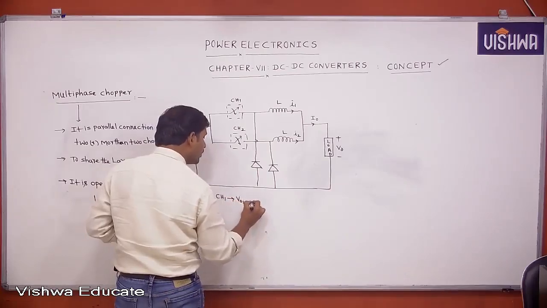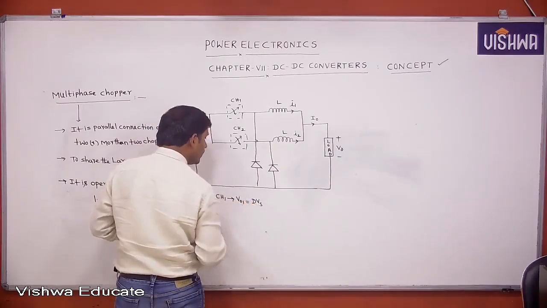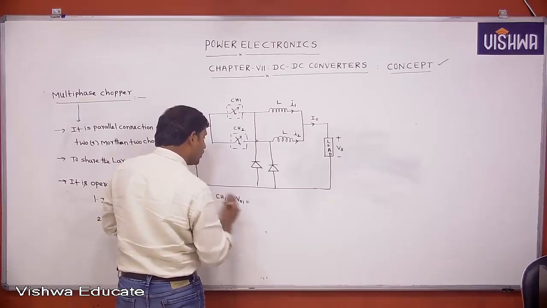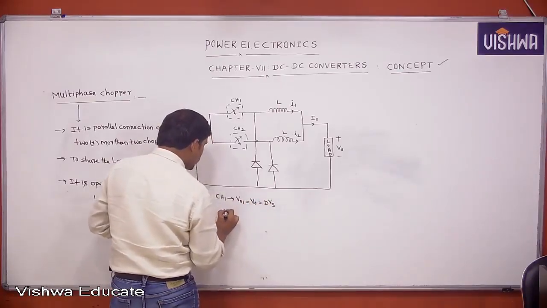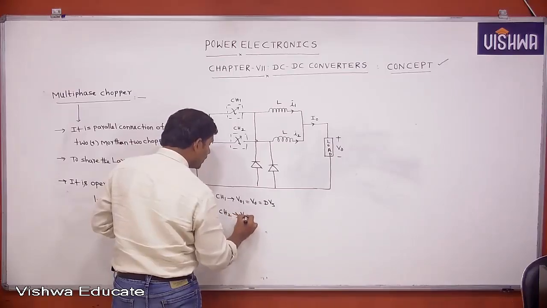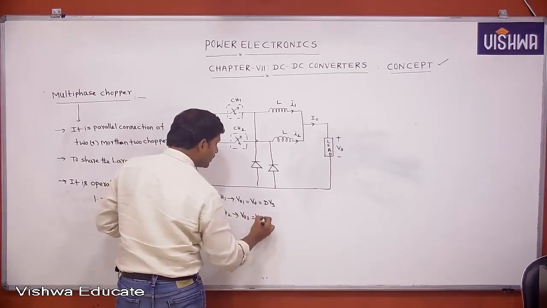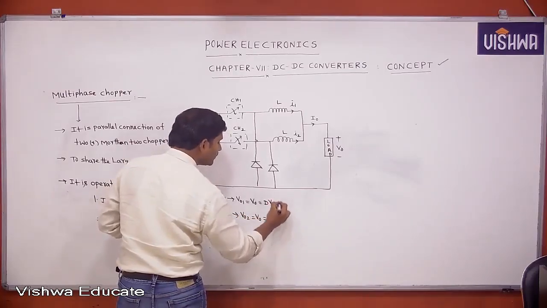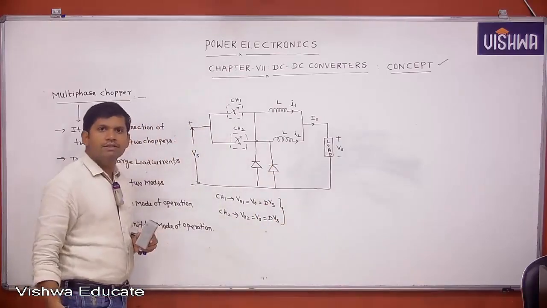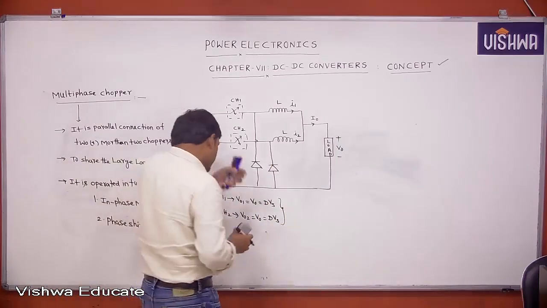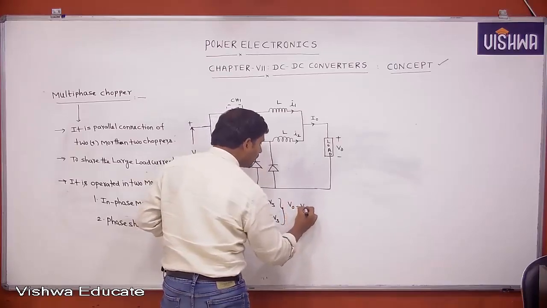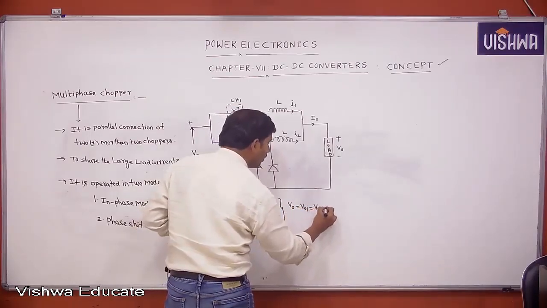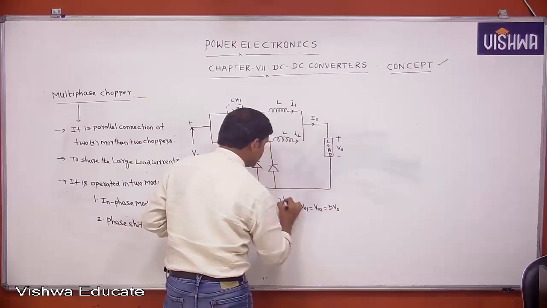Let V01 equal dVs. For chopper 2, V02 equals dVs. Because it's a buck regulator, always V0 equals dVs. V0 equals V01 equals V02 equals dVs only.